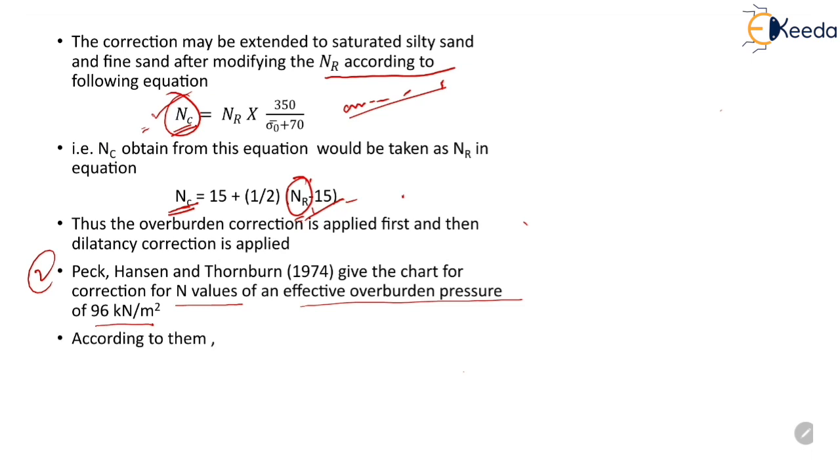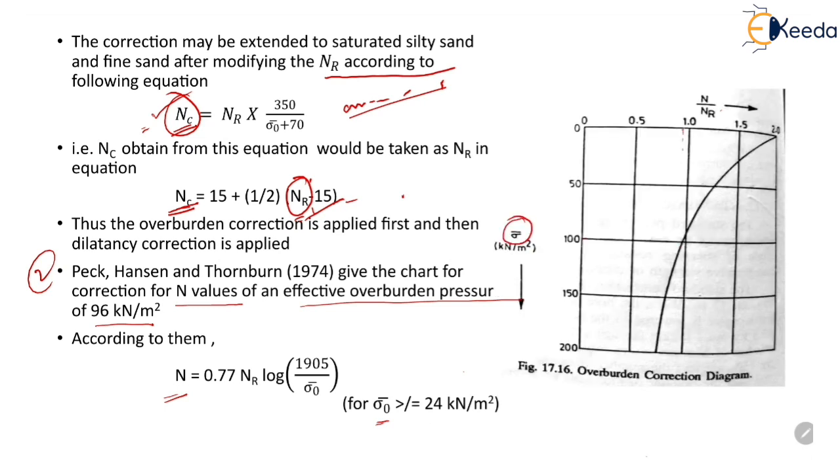According to them, the corrected value will be equal to 0.77 into Nr into log of 1905 divided by sigma naught bar. This equation was applicable only when sigma naught bar is greater than or equal to 24 kilonewton per meter square.